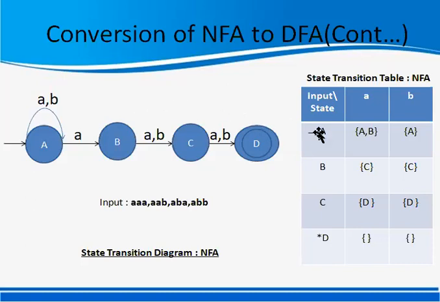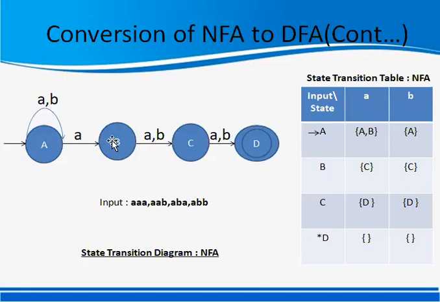So starting from the initial state A, on input small a, we have 2 transitions, that is on state A itself and on state B. Means we can move from state A on input small a to state B or state A. So we have written here A and B on input A. Now from state B on input small a, the next state will be C. So we have written here C.